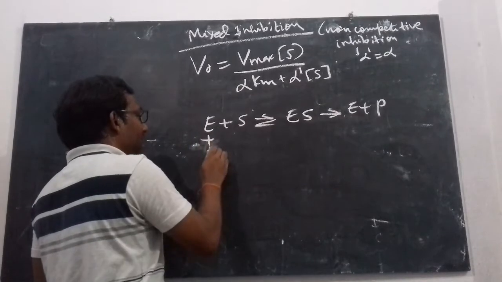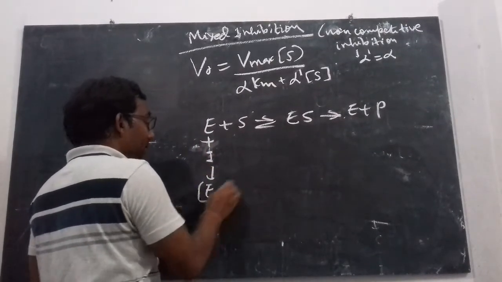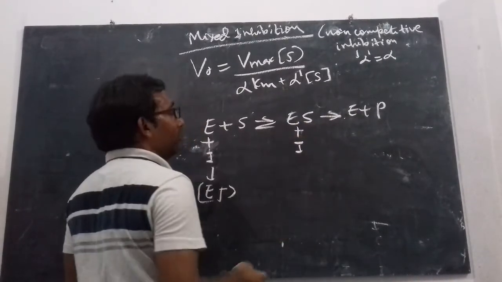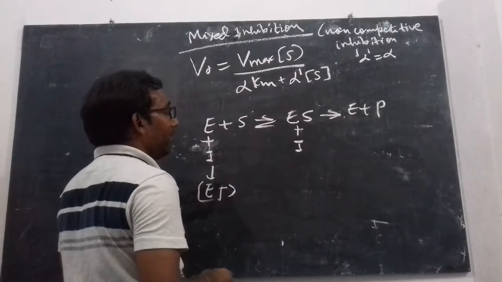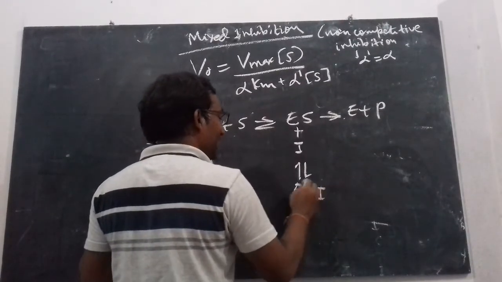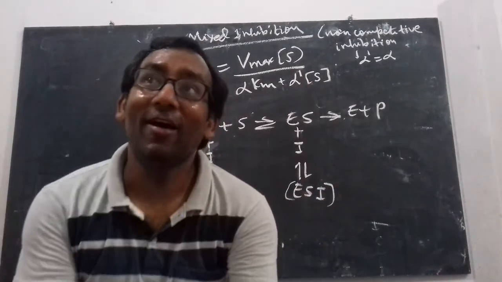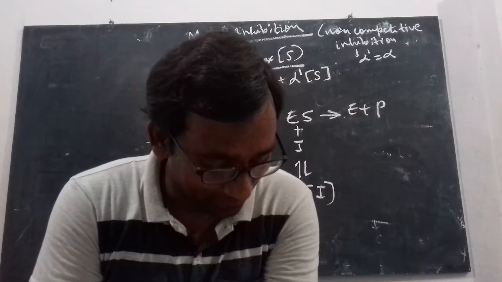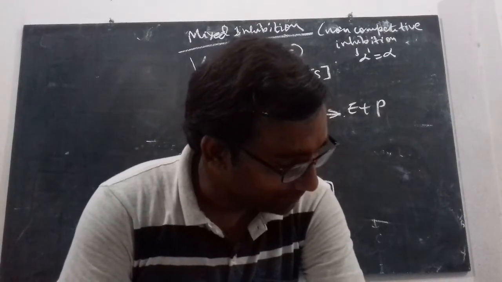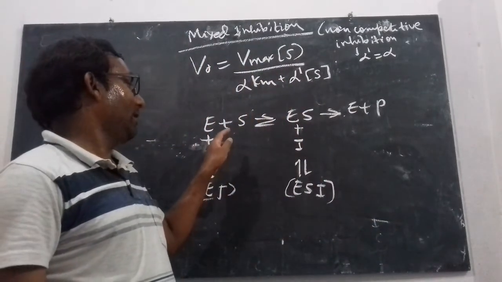They can bind to the enzyme also and become an enzyme inhibitor complex, and they can bind to the substrate complex also and form an enzyme substrate inhibitor complex. This is the difference between uncompetitive and mixed inhibitors. Mixed inhibitors also bind to a site different from the active site.